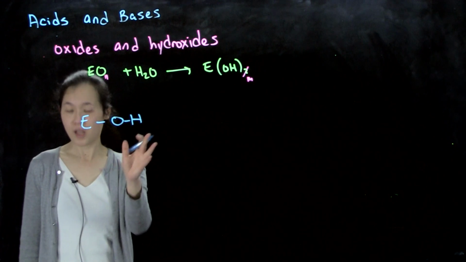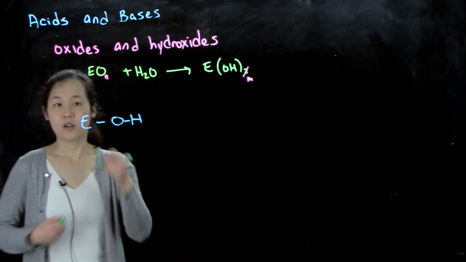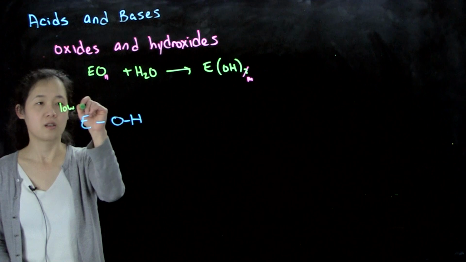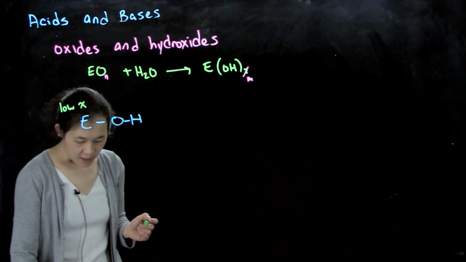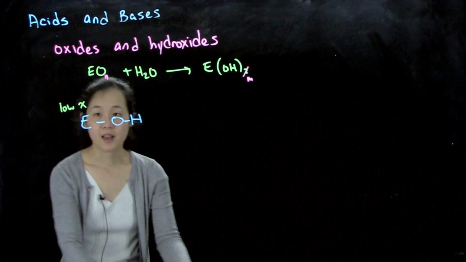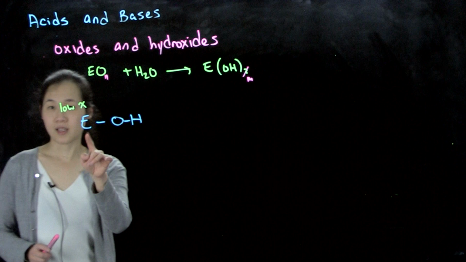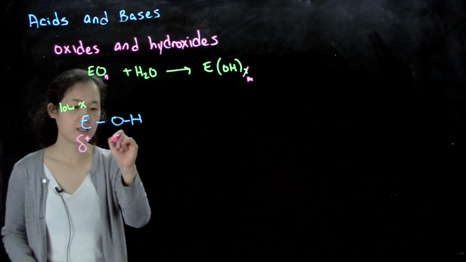so here is EOH. If our element has a low chi, then overall we'll have a big delta plus and a big delta minus between this element and oxygen. So big delta plus, big delta minus.